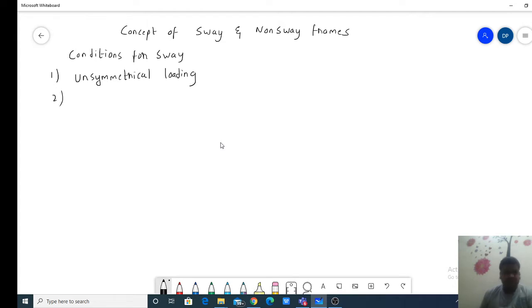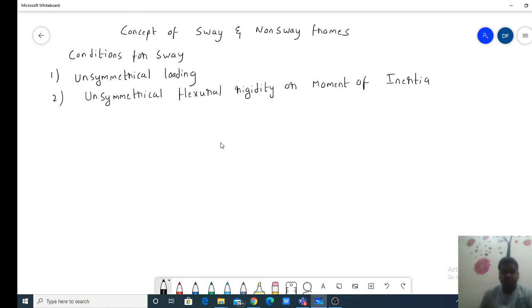Second, if it is having unsymmetrical flexural rigidity, that is EI or I value, flexural rigidity or moment of inertia, then we say it is a sway frame.